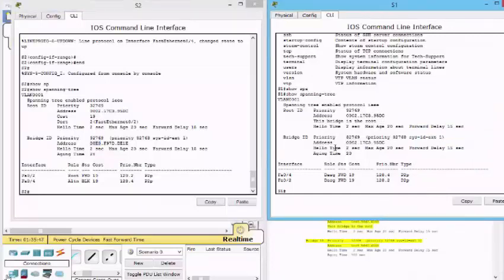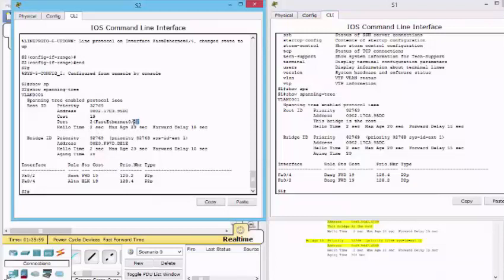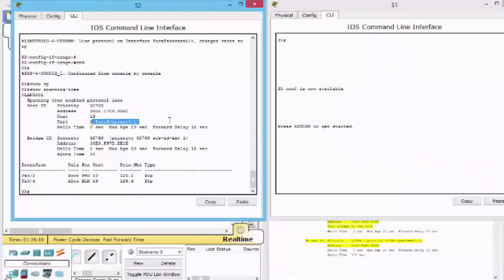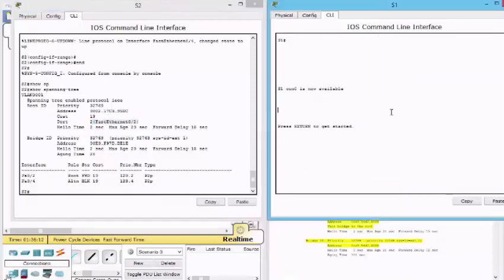Now, how did S1 learn that its MAC address is lower? It learned via port Fast Ethernet 0/2. This is the port S1 has learned by.